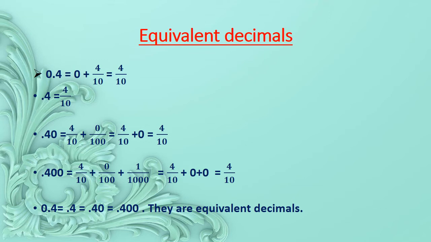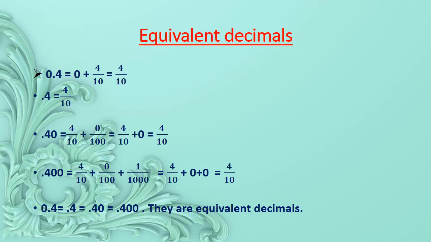So first it was divided by 10, then 100, then 1000. So now moving further, we have 4 by 10 plus 0 divided by 100 will be 0, then 0 divided by 1000, again it will be 0. So here also students, after adding we have 4 by 10. So in all these three cases we have 4 by 10 as the answer.